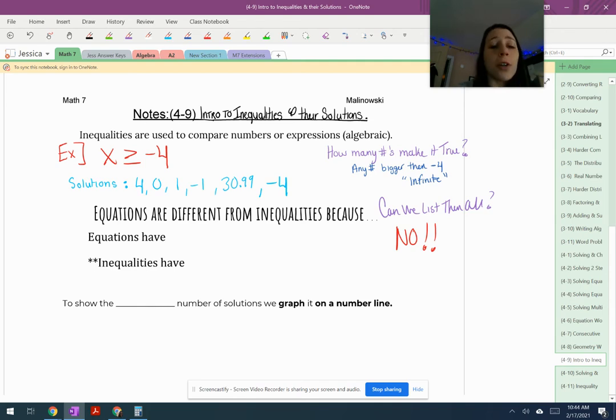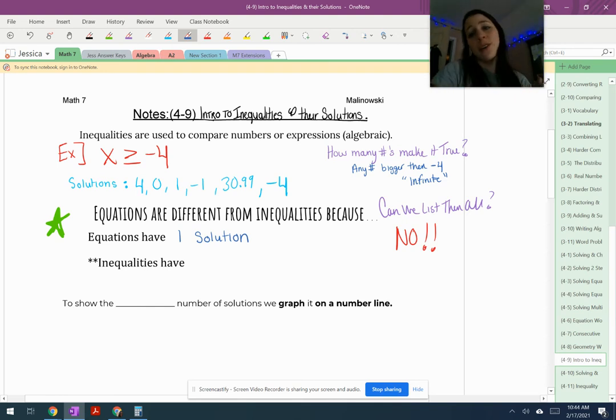So, moral of the story here, and this is where our big little star comes in. Equations are different from inequalities because of these reasons here. Equations have one solution, right? There's typically, in most cases, one solution, one answer, one x value that makes that equation true.